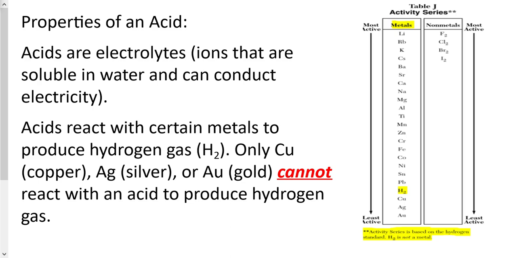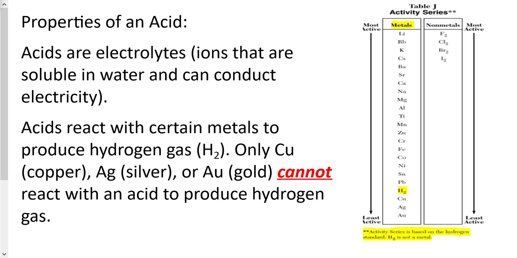Based on our previous lesson, we should know that ionic substances, acids, and bases are electrolytes. Now, we also need to know that acids react with certain metals to produce hydrogen gas. Only copper, silver, and gold cannot react with an acid to produce hydrogen gas.